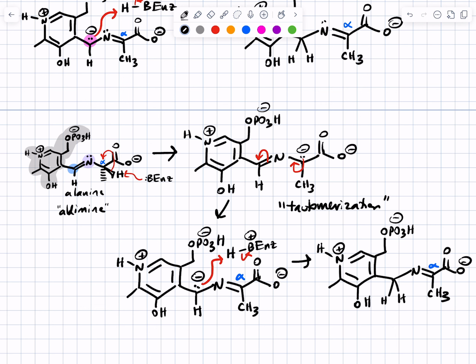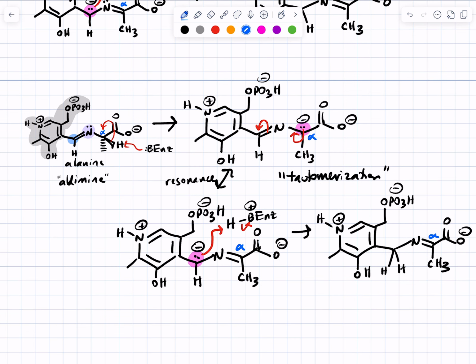We then focused in on these two resonance structures of the same intermediate that show how the negative charge on the alpha carbon is also on the carbon that's adjacent on the other side of that nitrogen, resonance delocalization. And if we protonate on that nitrogen, we end up with a different product.